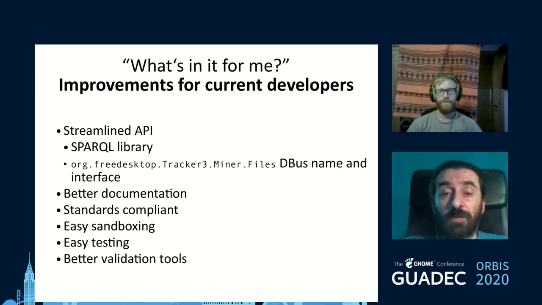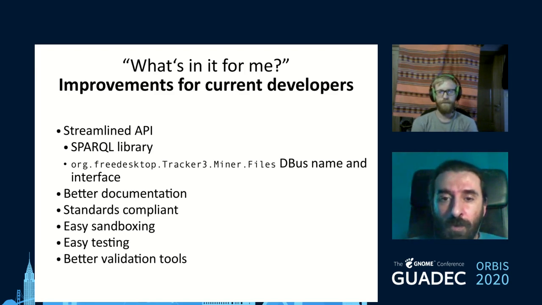And we have better documentation. Sam did some nice work on better ontology documentation and whatnot, which could also apply for custom ontologies. And it's also better documented in that we are now following the SPARQL 1.1 spec by the letter.